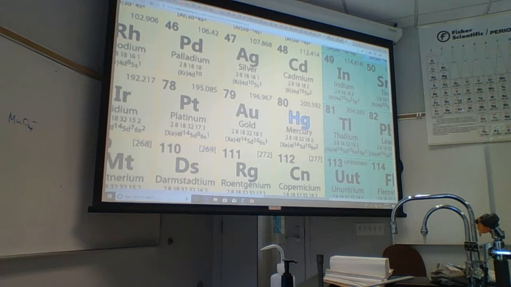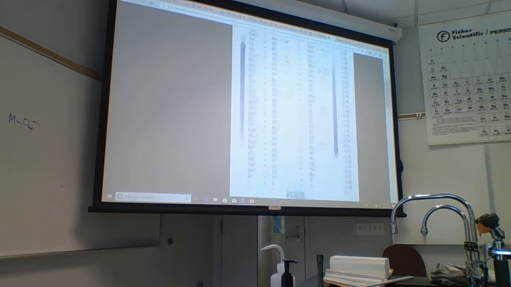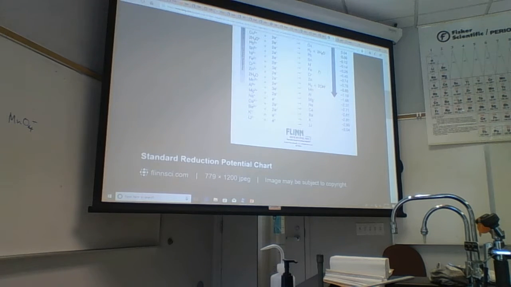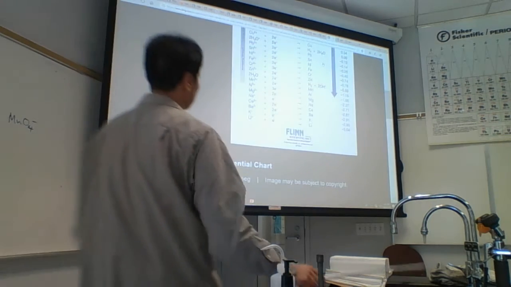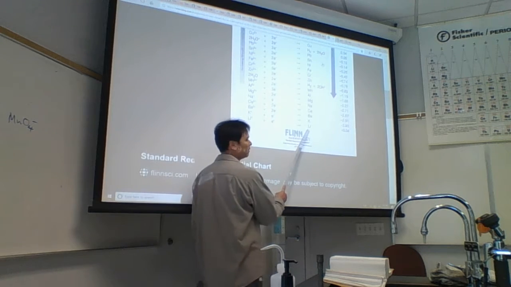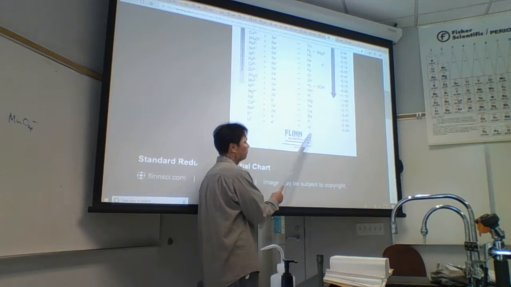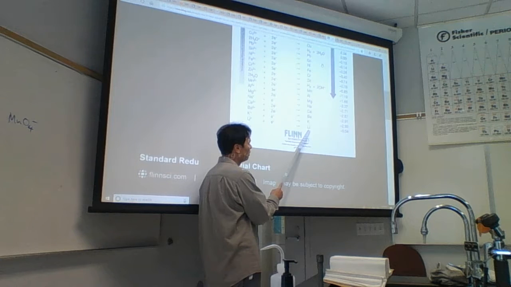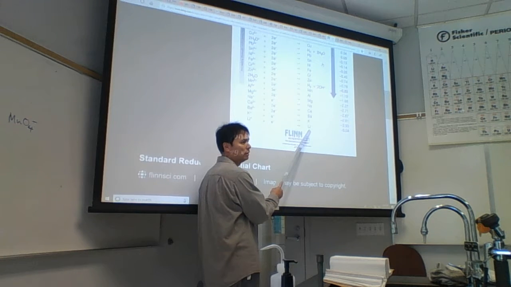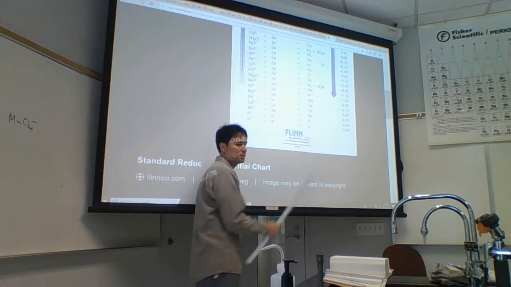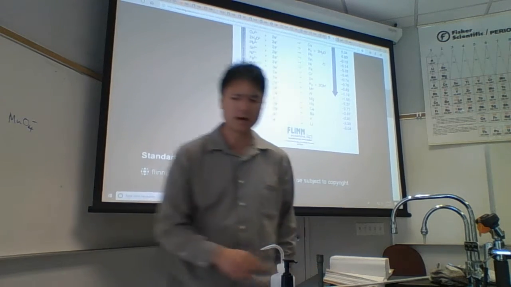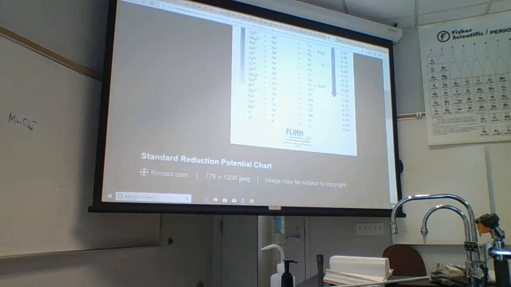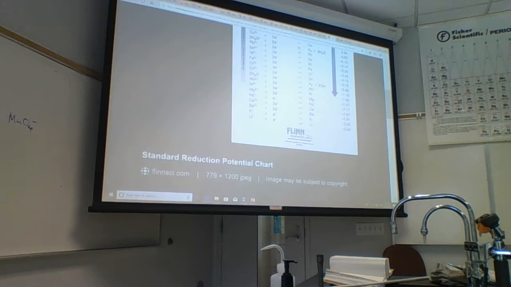But when I look at the redox chart, this is the redox chart from Flynn. What's here? Lithium. In fact, lithium's more powerful than potassium. And so why is that? It doesn't seem to make sense based on quantum so far.